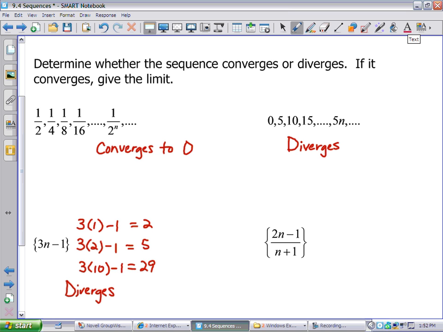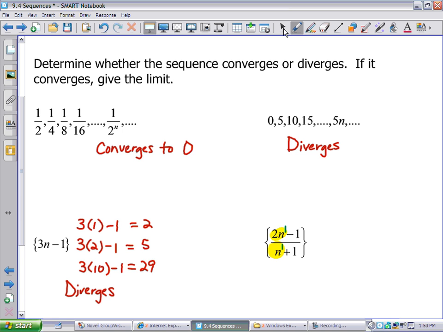Okay, over on the right, this is like a rational equation. And if you remember our rules from rational equations, we look at the degree of the numerator over the degree of the denominator. So here I've got 2n over n. Both of them have a power of 1.